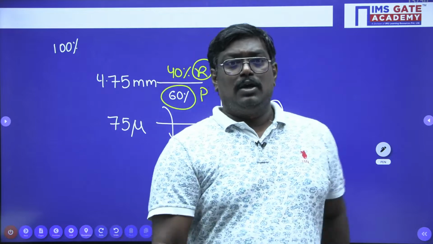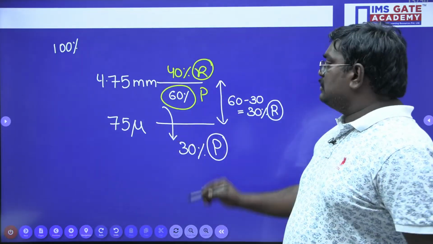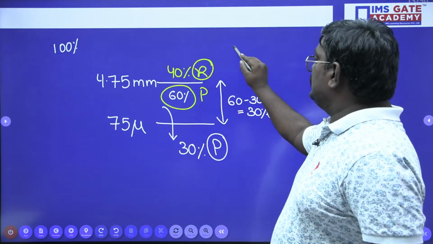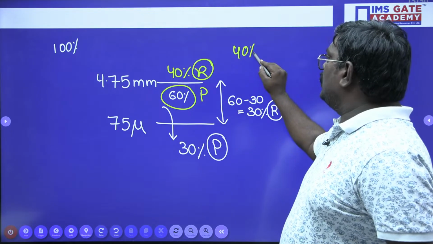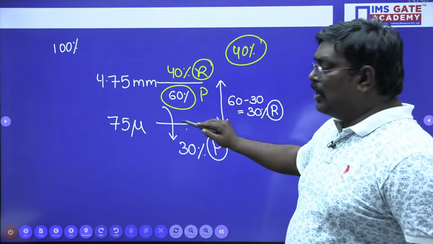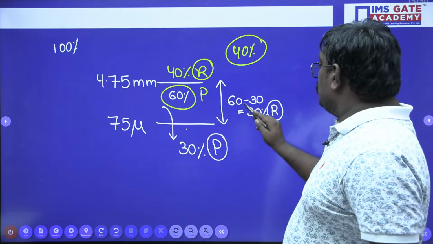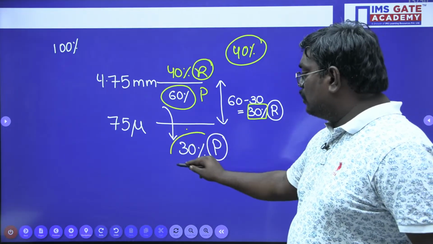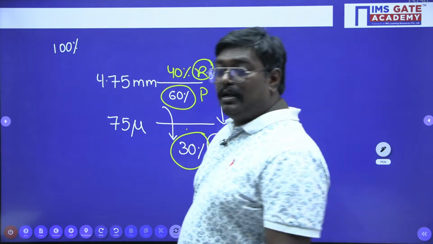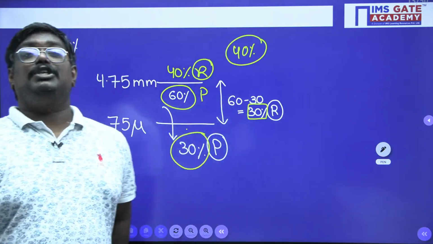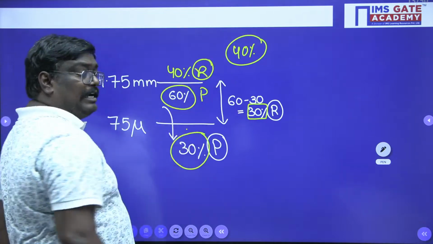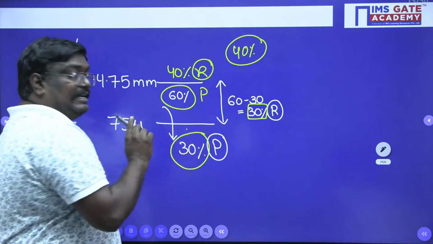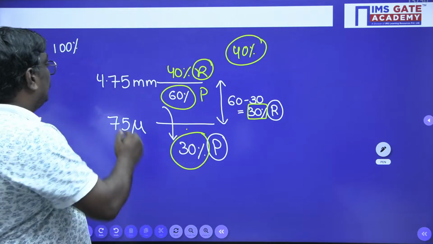Agree, students? So here what I would like to tell you is, on the 4.75 mm sieve, 40% of soil is retained, between 4.75 mm and 75 micron 30% is retained, and out of 75 micron, 30% is passing. Now tell me, sir, which composition is more? 40 is more, right? 40, 30, 30. So which composition is more, my dear students?